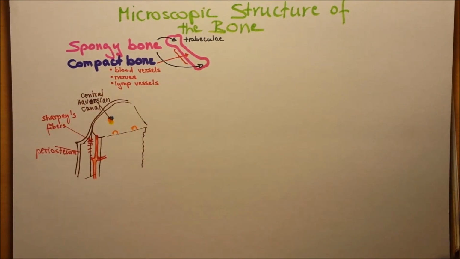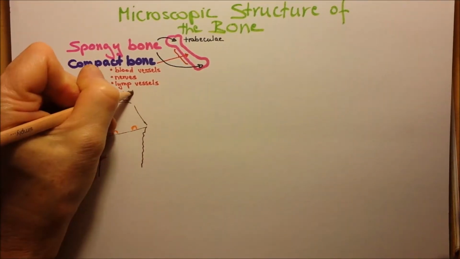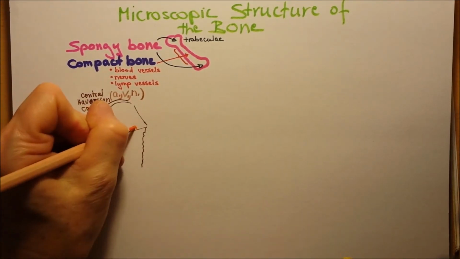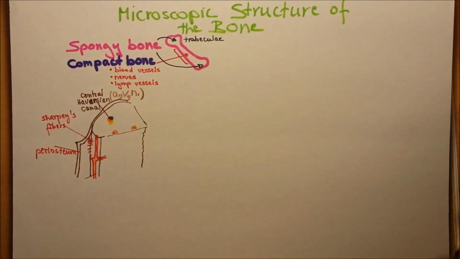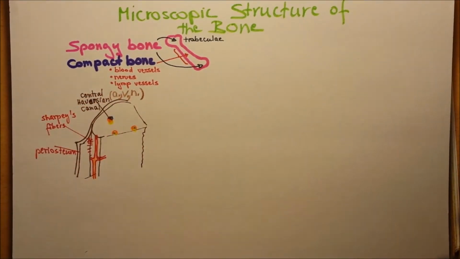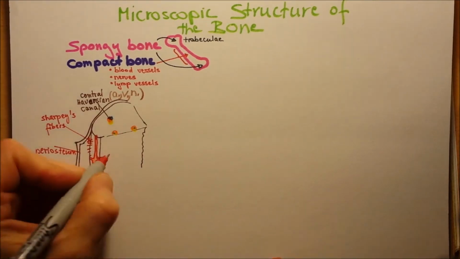So this is the canal that everything is going to build around. This is also a central Haversian canal, and that one is another one. So the compact bone is full of Haversian canals, and we will check it in class under the microscope.